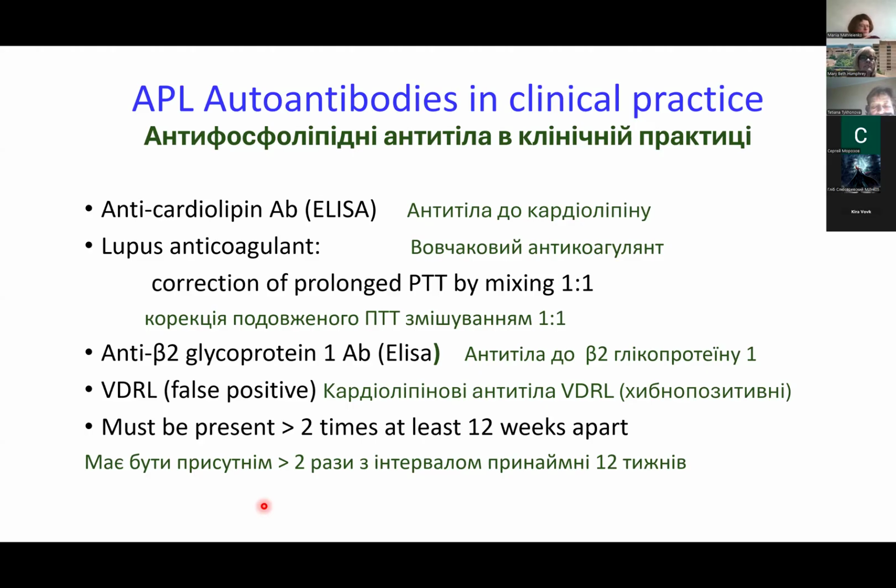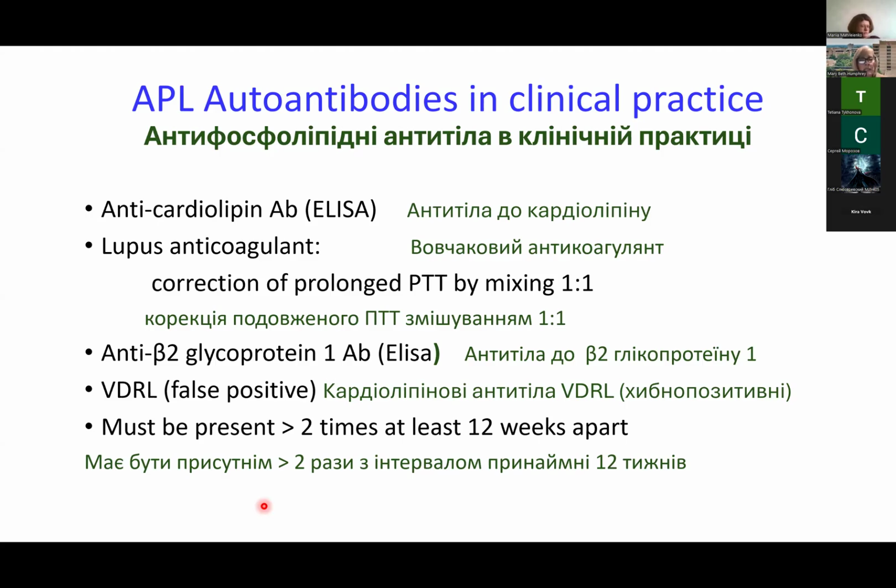And then there's the lupus anticoagulant, and so this is usually detected initially by just getting a PT, PTT, INR on the patient, and they will have a prolonged PTT. So it will look like they're anticoagulated, like if they were taking heparin, but they're not anticoagulated. They're actually procoagulant.